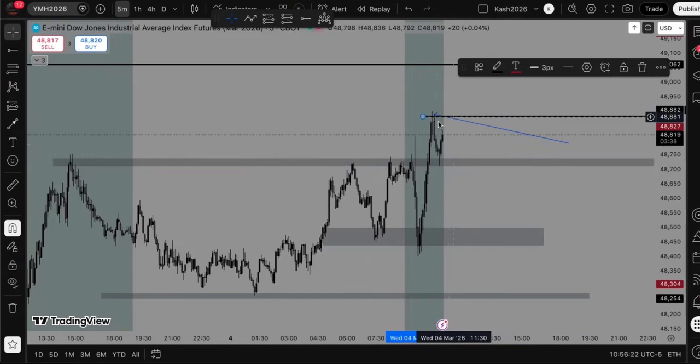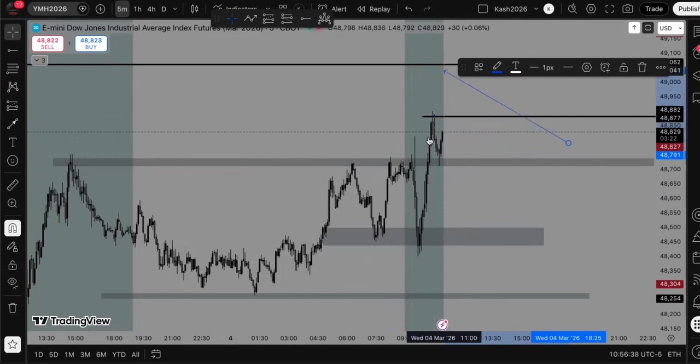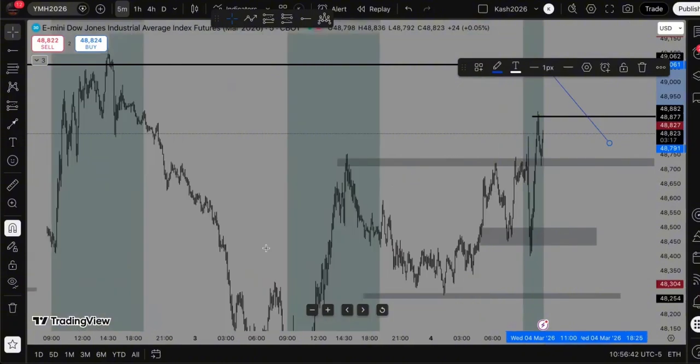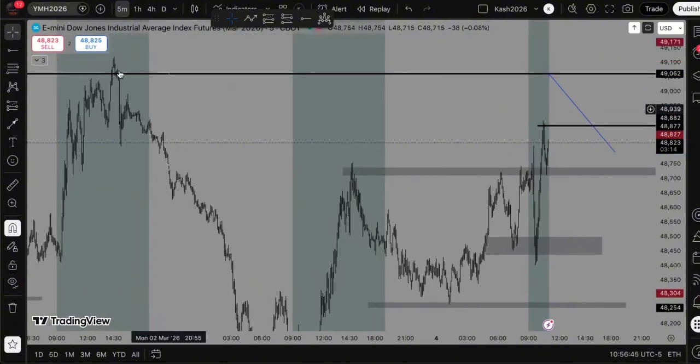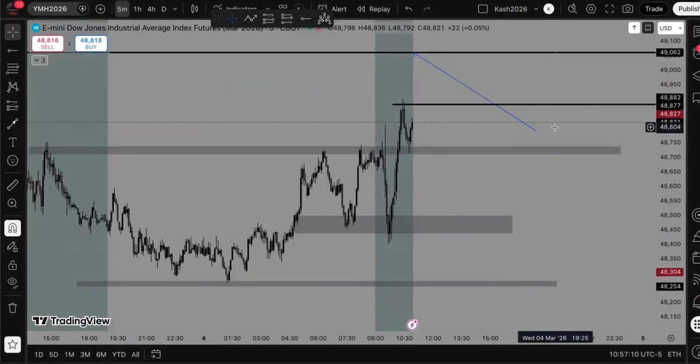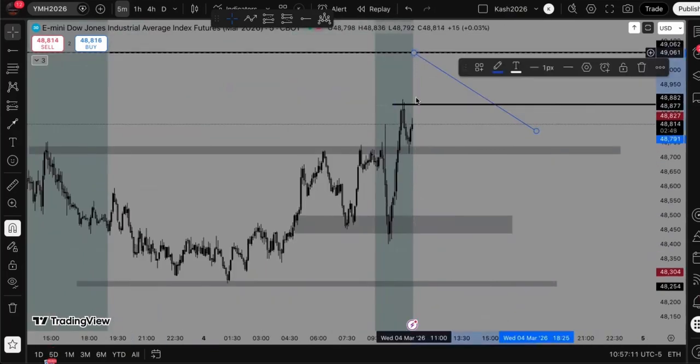So you should see price go at least to this zone. But if it's really doing what it's supposed to do, it should break the zone and then go to the next key level that we're expecting to go to, which, you look to the left, guess what? It's another high. So yeah, guys, that's how I go about breakouts.